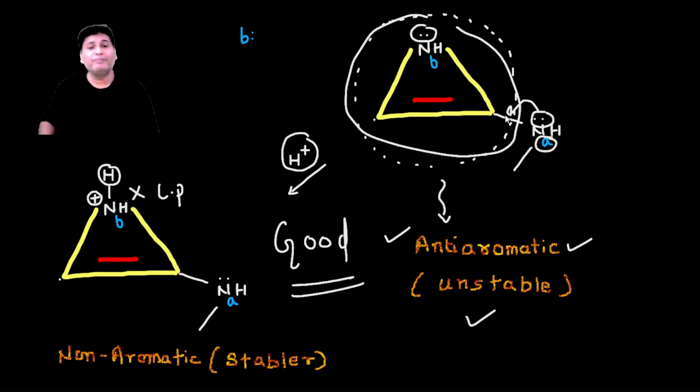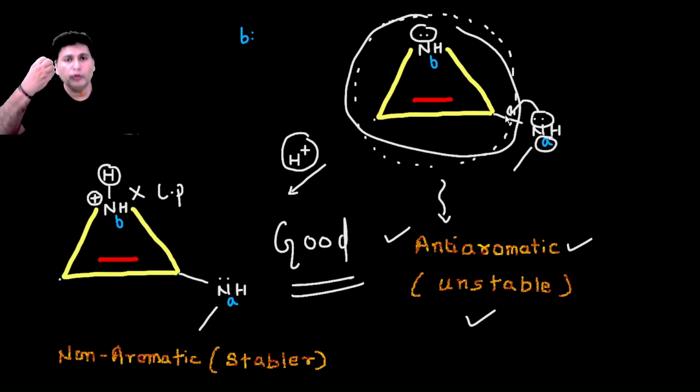That is a very important feature associated with B, and therefore the eagerness of the lone pair to be donated to H plus is more in the case of B, because then it will convert from anti-aromatic to non-aromatic. Non-aromatic is a better option, and is more stable in comparison to anti-aromatic.